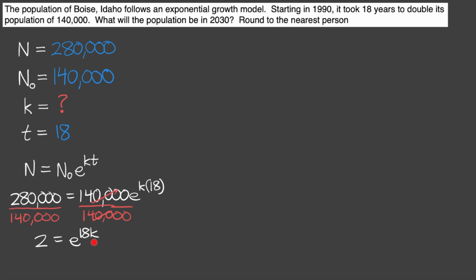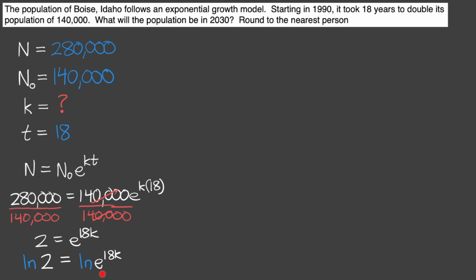Next, we want to solve for k. The base is e, and notice k is in the exponent. So to be able to get k to the what I call the level playing field down here, we need to take the ln of both sides. The nice thing about taking the ln of both sides is that ln is really log base e. So let's see what happens here when we do that.